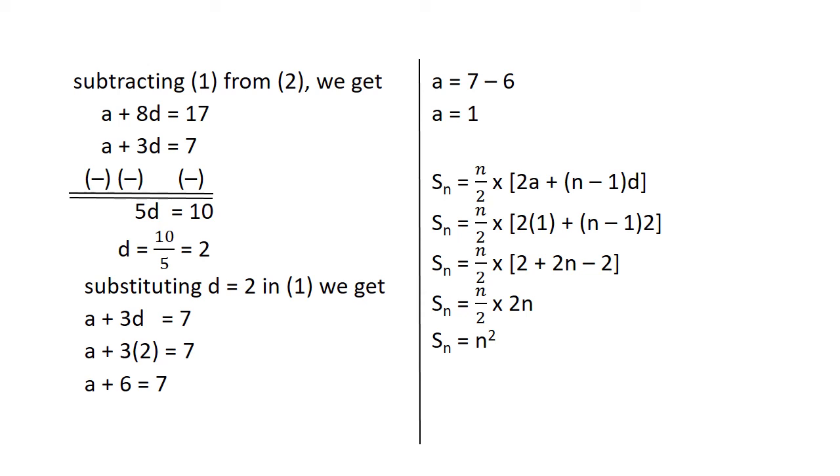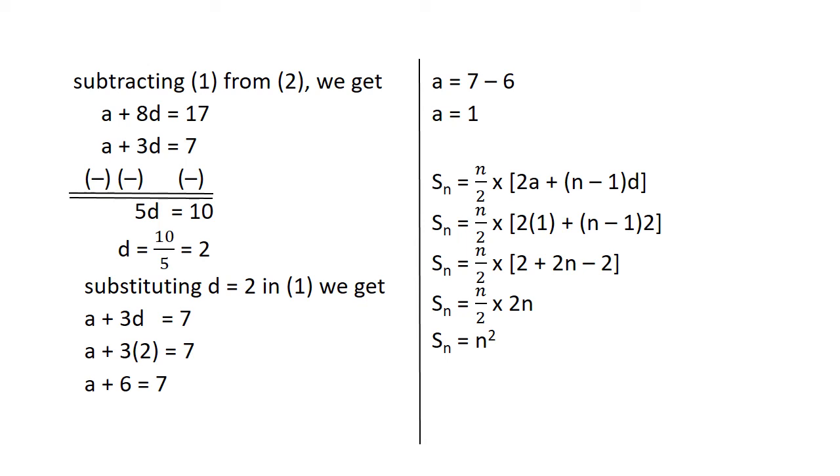We know only two values: a = 1 and d = 2. So let's substitute that. 2 1s are 2, and multiply the bracket n - 1 with 2. 2 × n is 2n, 2 × -1 is -2, so +2 - 2 cancels inside the bracket. So what do we have left now? n/2 × 2n. The 2 and 2 cancel. Sn = n².